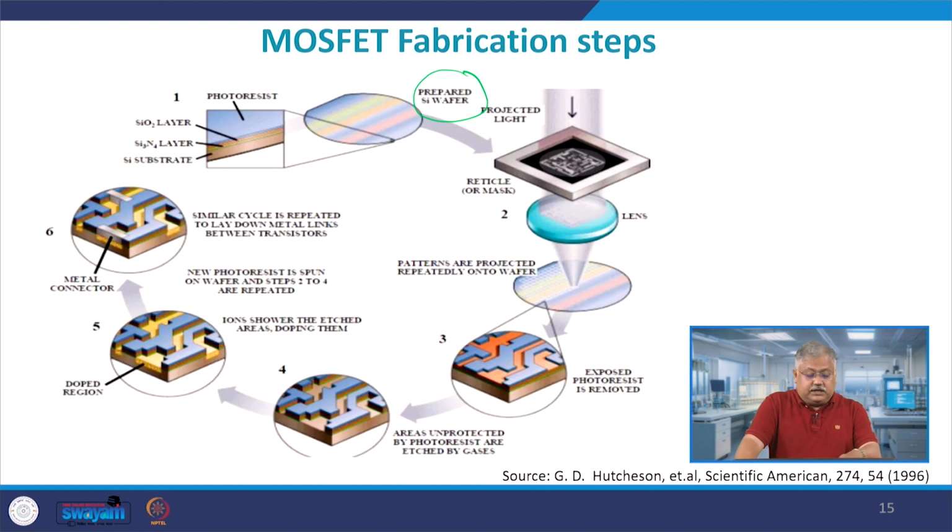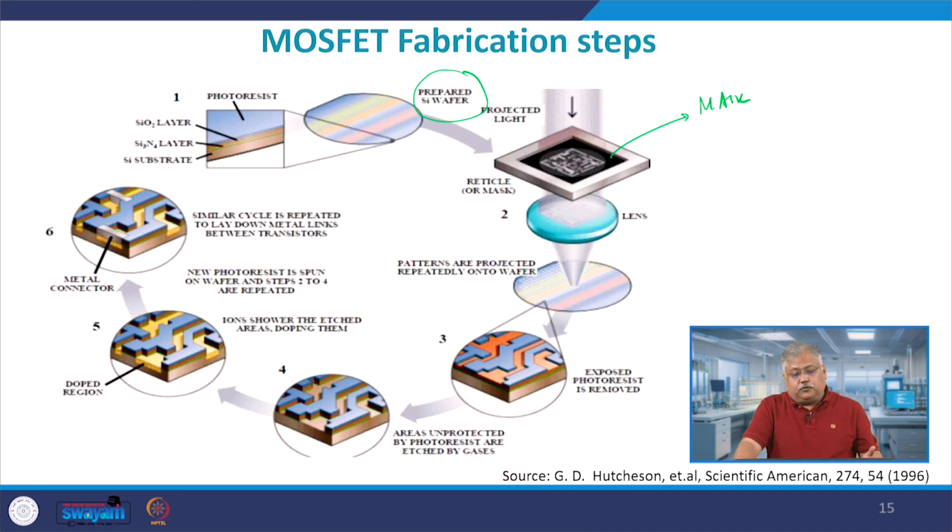And then we do photoresisting, then lithography with projected light, where a reticle or mask is there, and from this mask you throw a light wherever the mask is clear, and it falls through this lens onto the silicon wafer, and this is where the patterns are generated using photoresist.